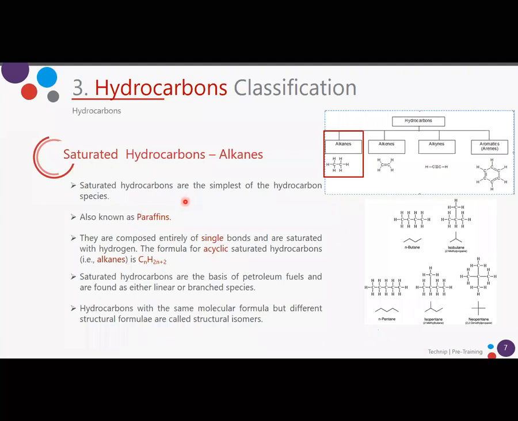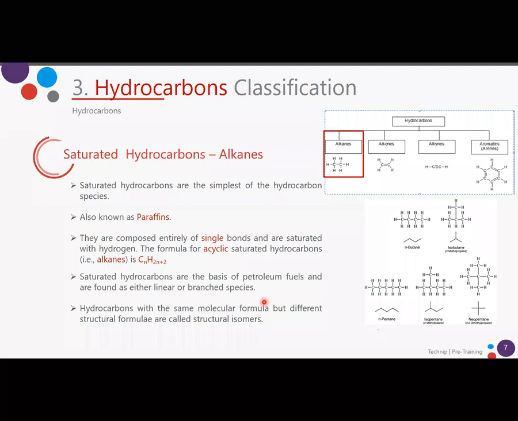They are composed entirely of single bonds and are saturated with hydrogen. The formula for acyclic saturated hydrocarbons is CnH2n+2. These saturated hydrocarbons are the basis of petroleum fuels and are found as either linear or branched species.